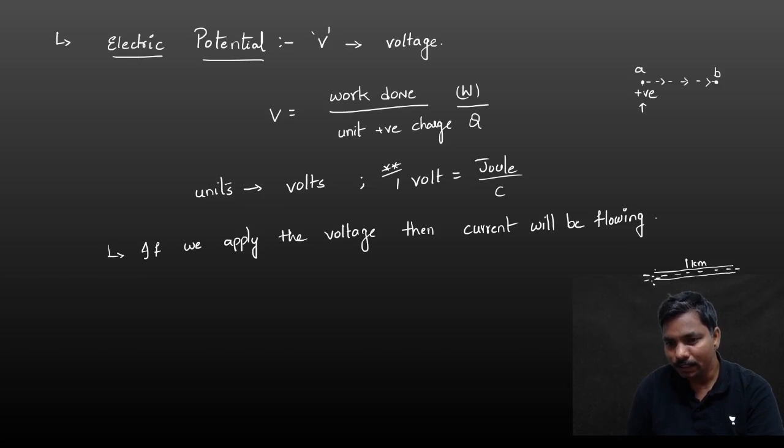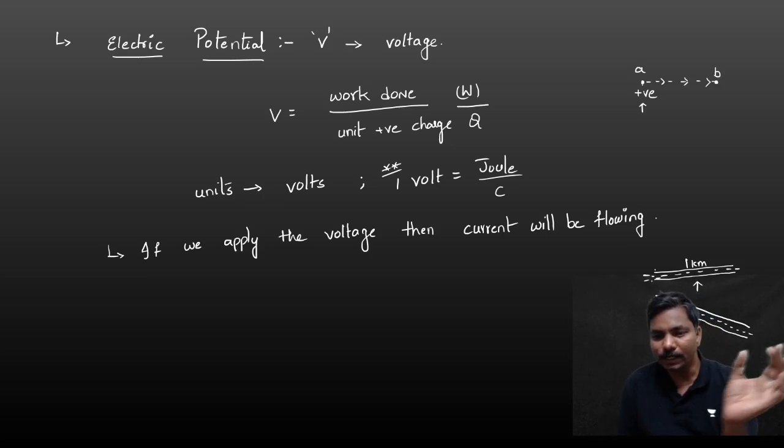Why? Because there is no height difference. Whenever there is no height difference of the pipe, then water flowing is difficult. If you make the difference like this, the pipe is, if you make like this, then if you send some water here, water can easily move from higher side to lower side. Why? Because here there is a pressure difference, height difference is there. So whenever there is a pressure difference, then water is flowing.